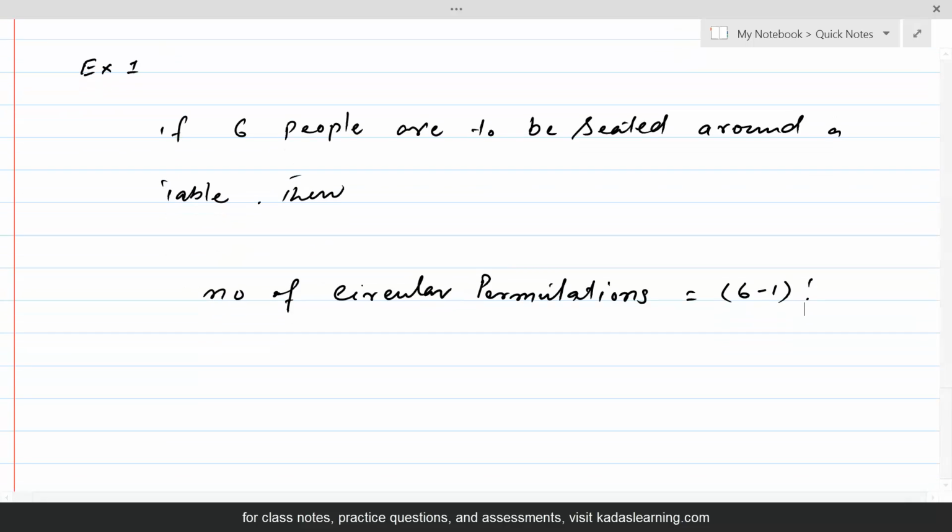So that would be equal to 5 factorial, which is in fact equal to 120.